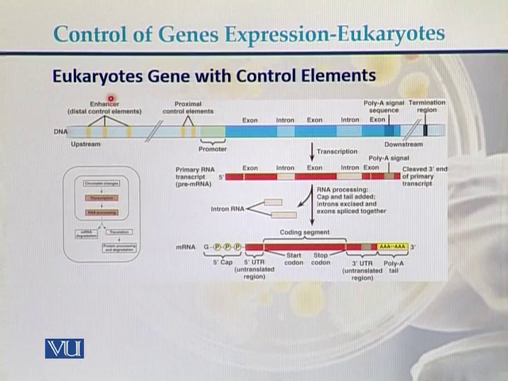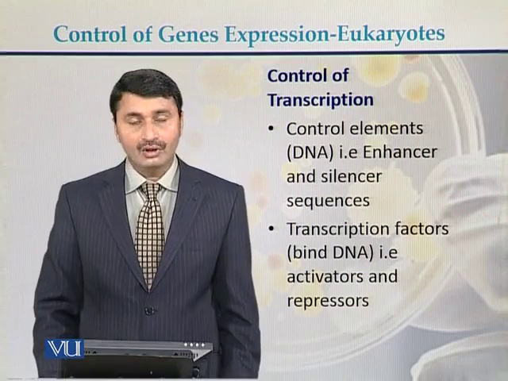Distal control elements can be in the form of enhancers or silencers, while proximal control elements include the promoter, where there is attachment of the RNA polymerase or the general transcription factors. So general transcription factors bind here and control the expression, while the specific or special transcription factors bind in the region of enhancers or silencers.